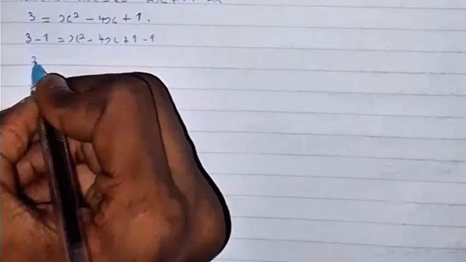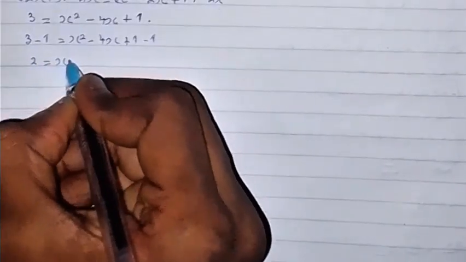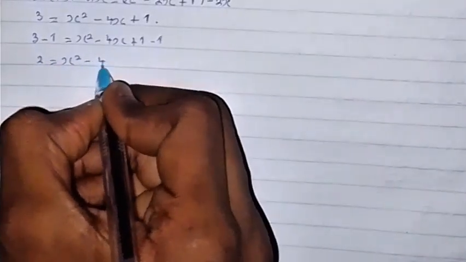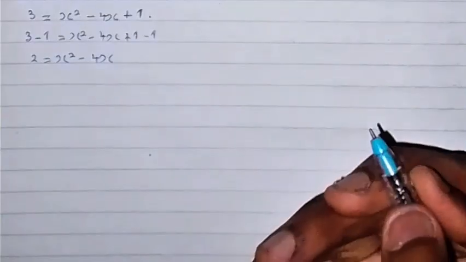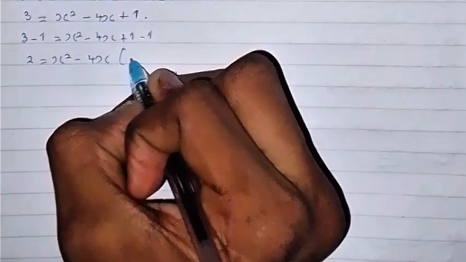That becomes 2 will be equals to x squared minus 4x. Now we've succeeded in taking all terms with x to the right hand side and ones without x to the left hand side. In order to go further in this equation, we cannot use normal algebraic steps. This equation is known as a quadratic equation.